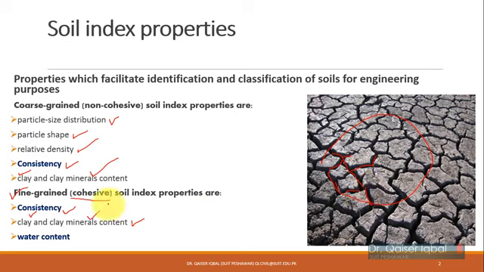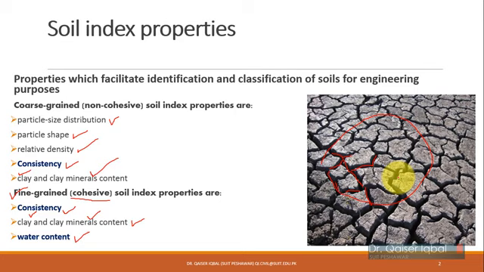Then the next property which is very important for fine grained soil is moisture content or water content. You can see over here as well, upon drying this clay soil, it has developed all these cracks. The volume change has occurred.